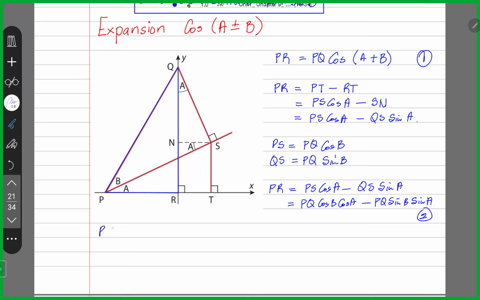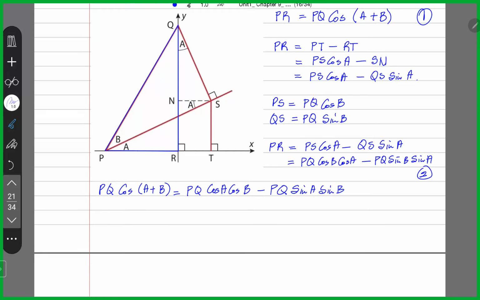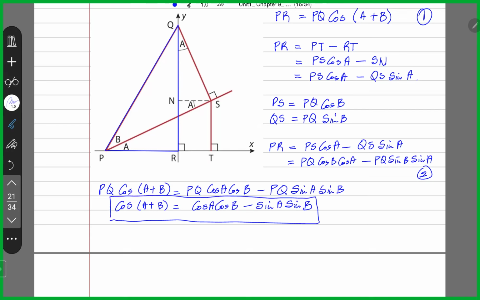So it means that PQ cos A plus B is equal to PQ cos A cos B minus PQ sine A sine B. And so if I divide the entire equation by PQ, I'm going to get that cos A plus B is equal to cos A cos B minus sine A sine B. And this is your compound angle formula.